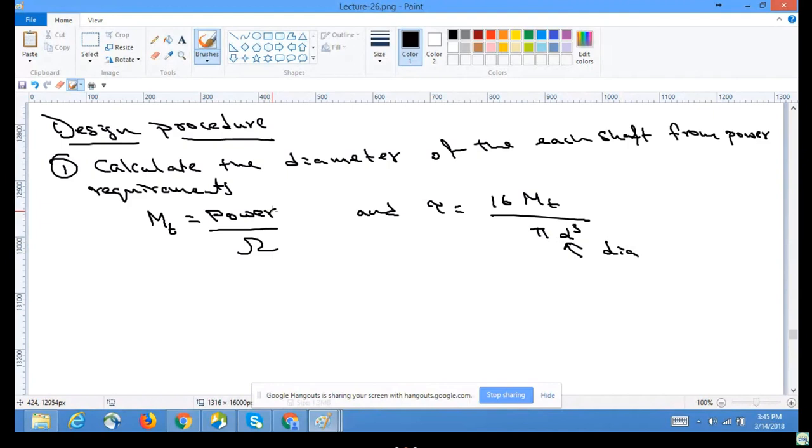Finally, we have to calculate the diameter of the sleeve.